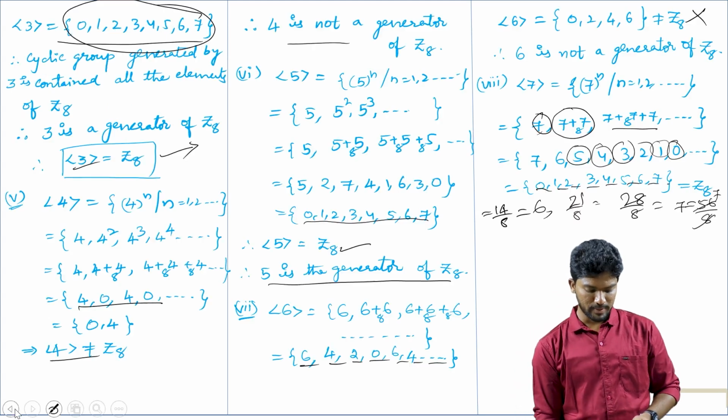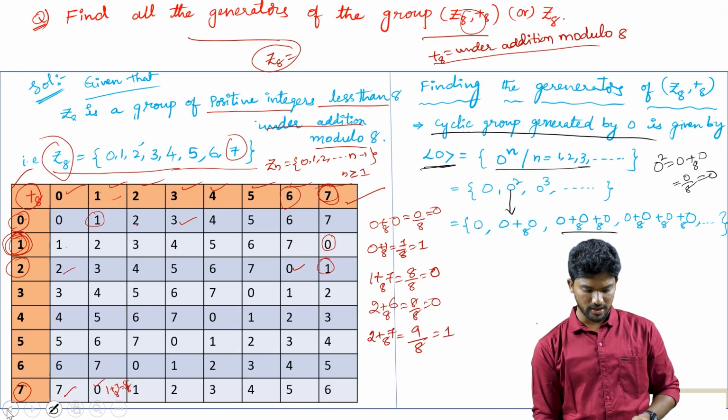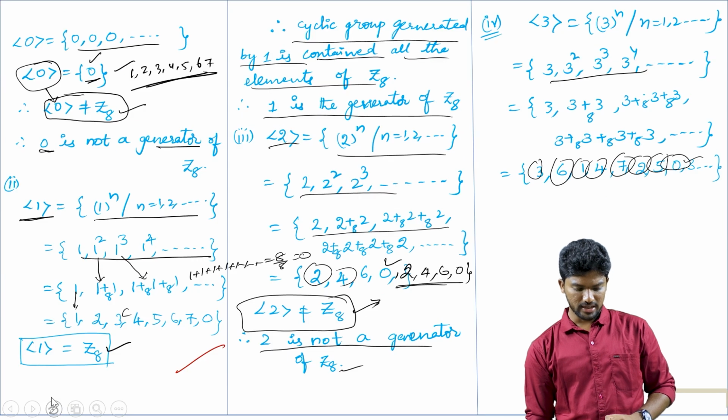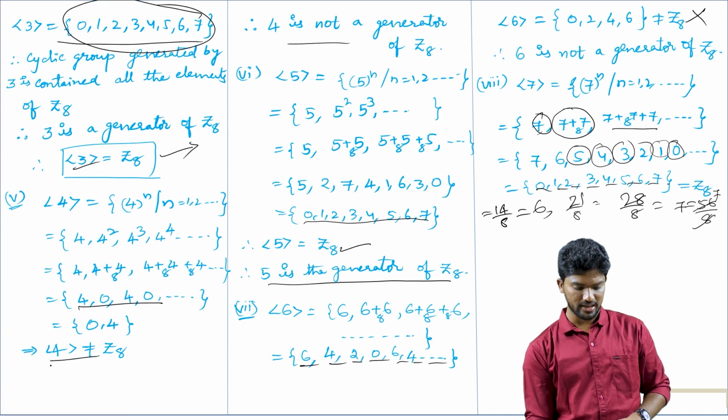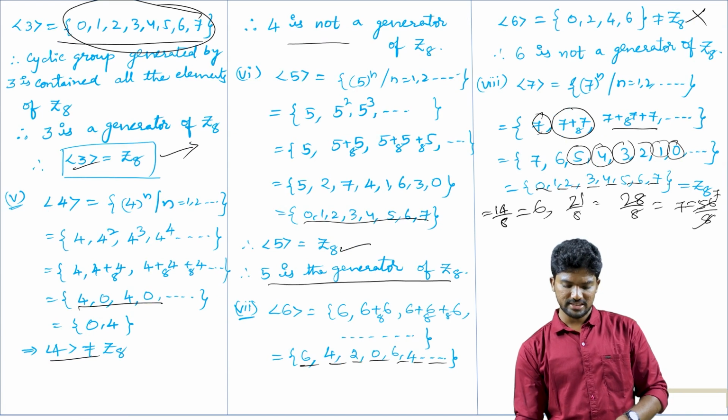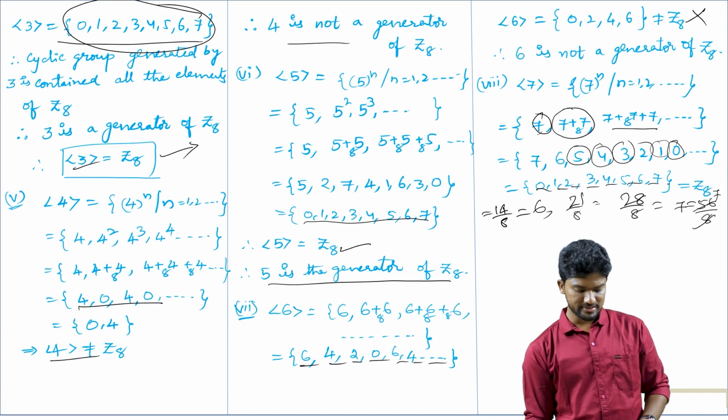Now from the first page, if you observe carefully, we can see that 1 is a generator and 2 is not a generator. Next 3 is a generator, 4 is not, 5 is the generator, 6 is not, 7 is the generator.